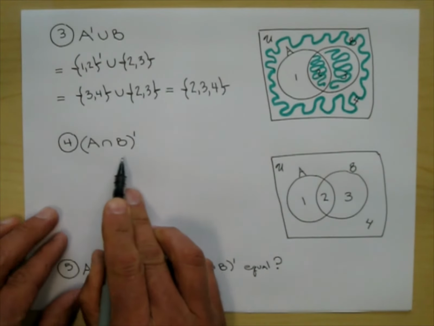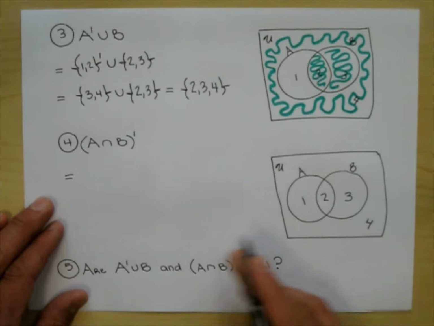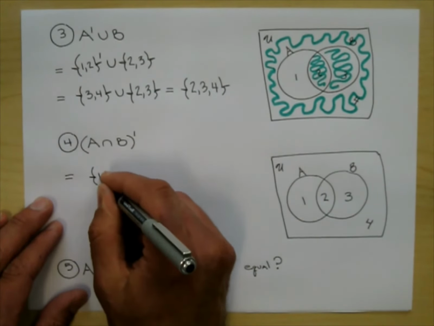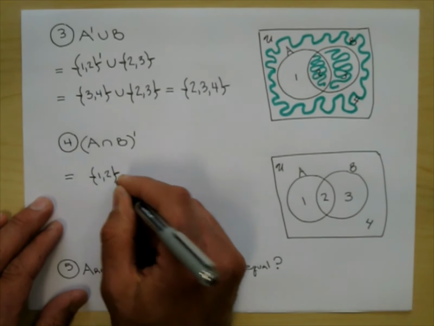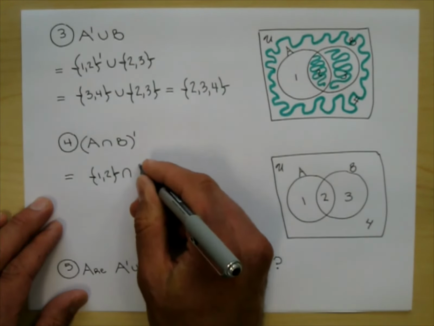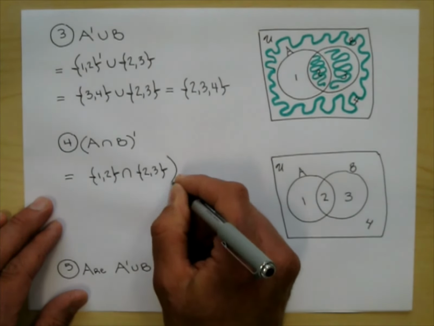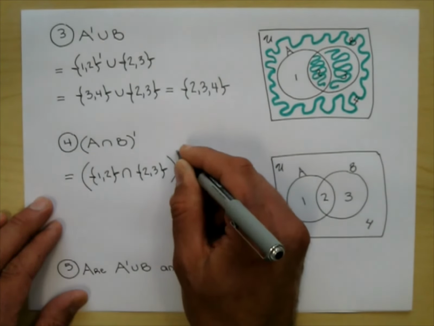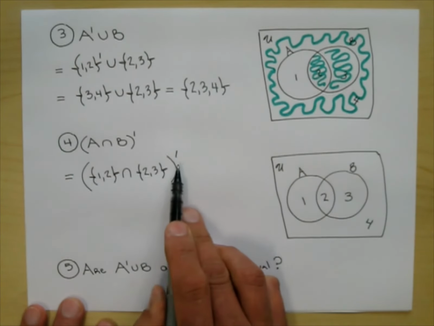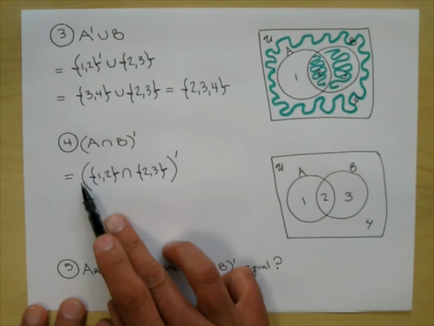And I'm going to start by writing this out like I did the other problem. Circle A has 1 and 2 in it. Circle B has 2 and 3 in it. And there's the complement. And even though the complement is stronger than the intersection, parentheses are the strongest.